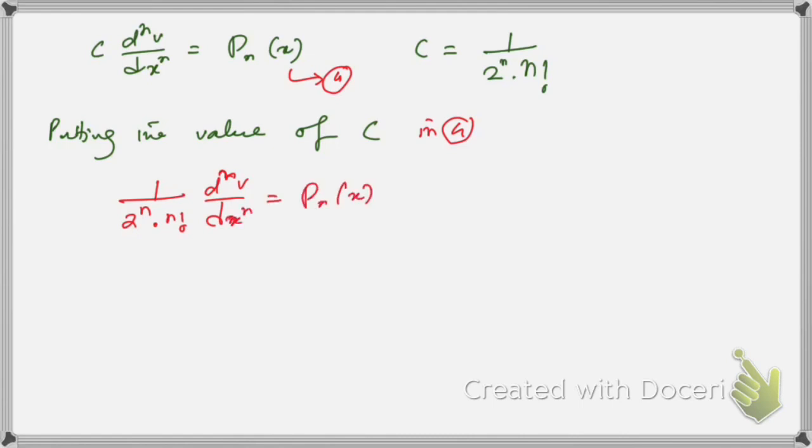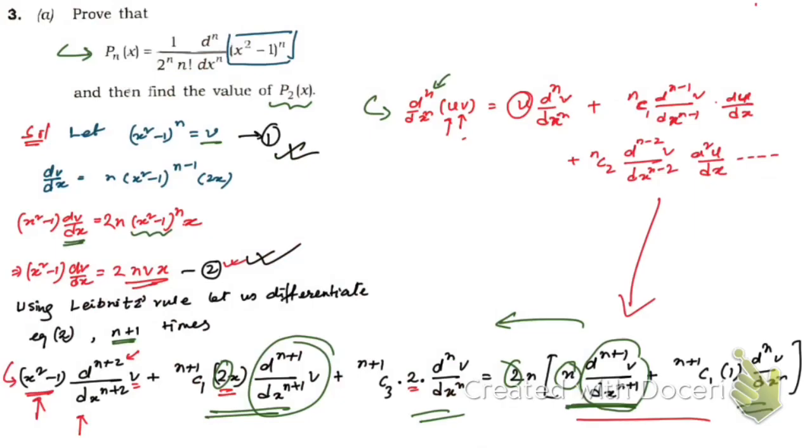So this is what we needed to prove. Pn of x is equal to this, that is the question.